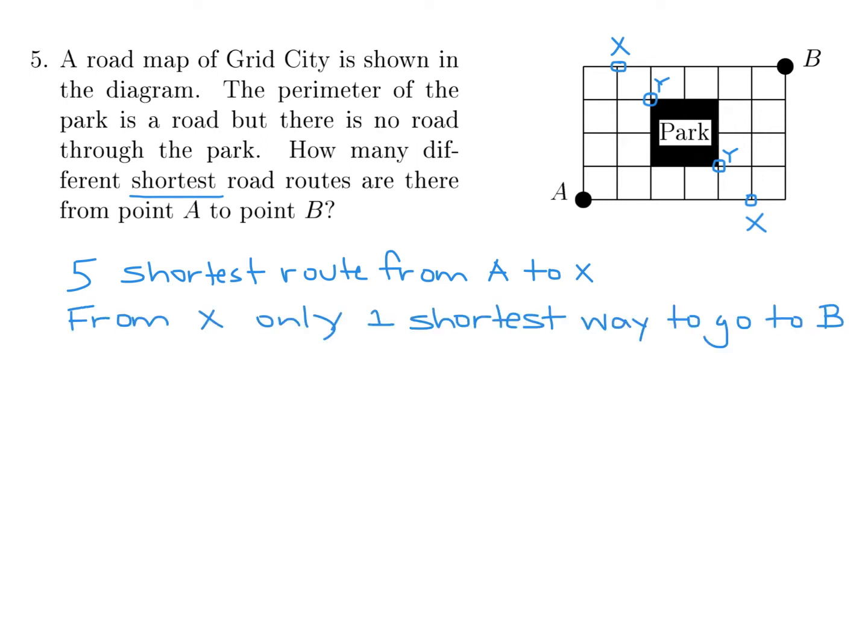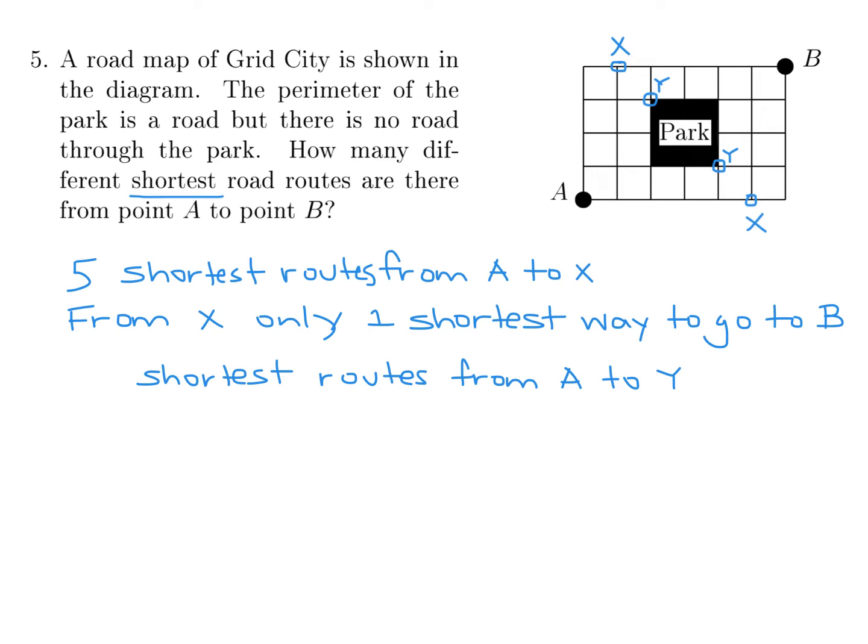Okay, great. So now we have to figure out how to get from A to Y. Well, let's see. If I go from A up here, well, that's not a shortest route. So that one is disqualified because we're making unnecessary steps by doing it. But this way is the shortest route.